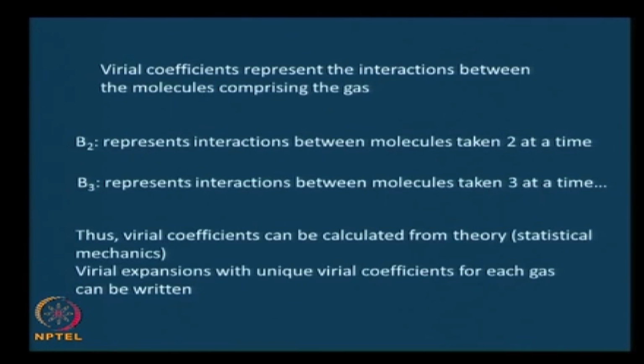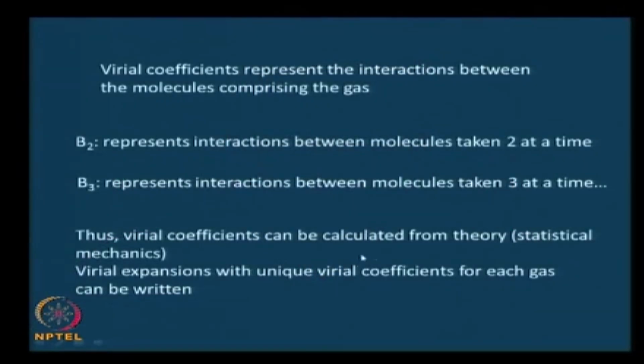Therefore, the virial coefficients can be calculated from theory, which is actually statistical mechanics, which we will not be covering as a part of this course. Statistical mechanics looks at the way of counting and accounting for molecular properties and molecular doings, and their relationship to macroscopic properties such as internal energy, entropy and so on.